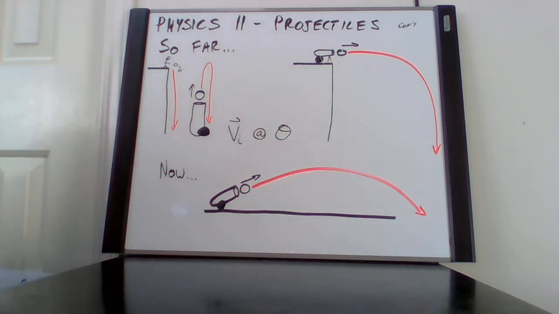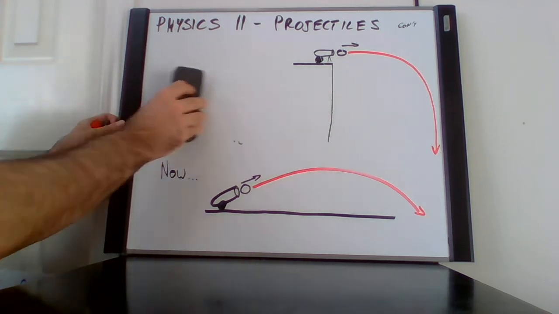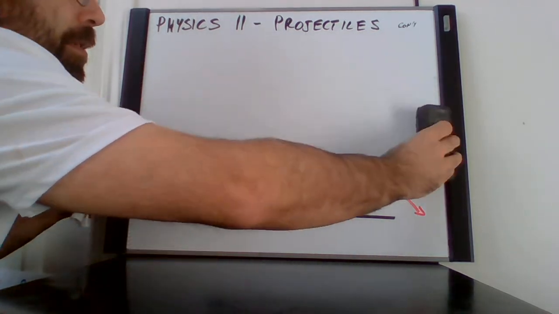So the examples we have in the textbook, I'll look at or on the note sheet there. The first one we have is we are launching something at 15 meters per second, 35 degrees above the ground.